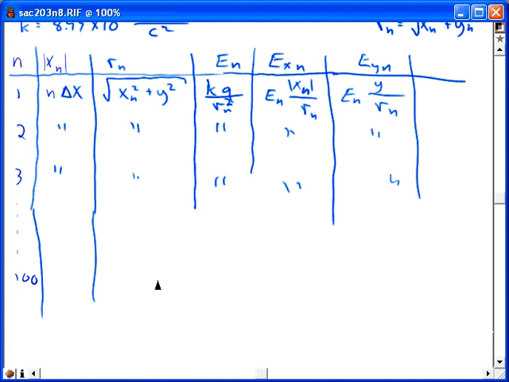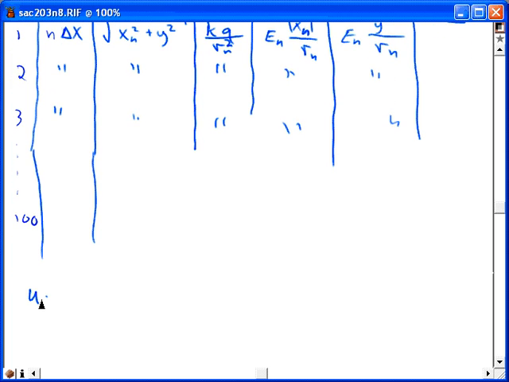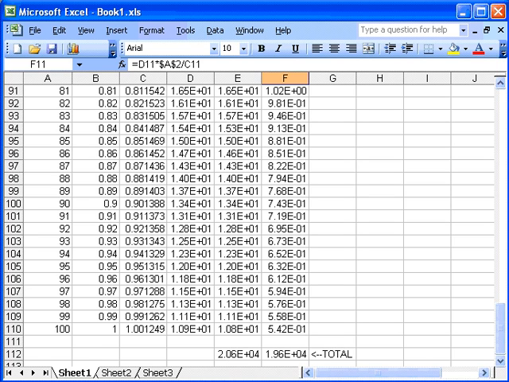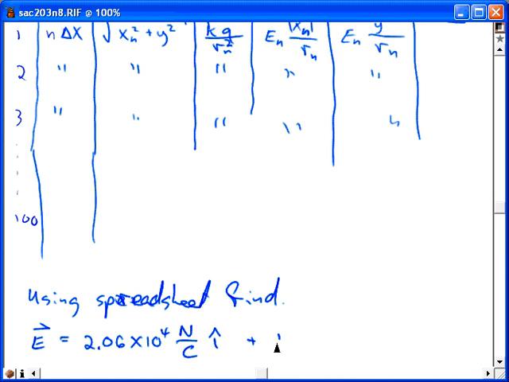So using spreadsheet, find E equals 2.06 times 10 to the 4th newtons per coulomb I, because that was the x component, plus 1.96 times 10 to the 4th newtons per coulomb times J. And that's my answer.